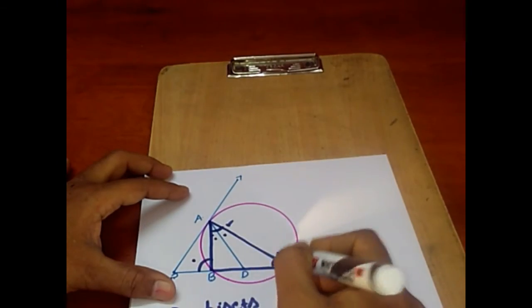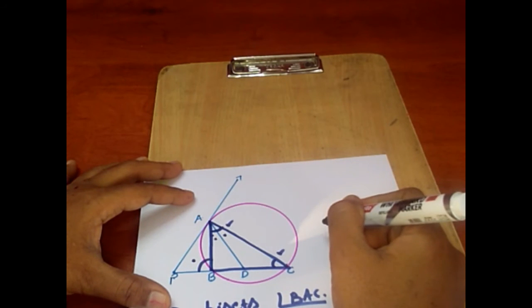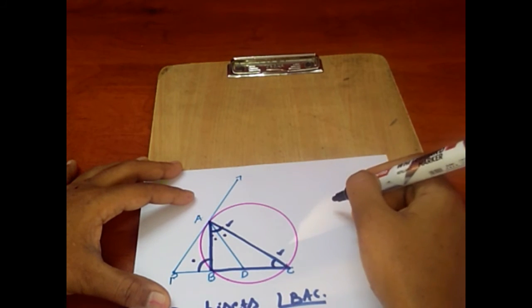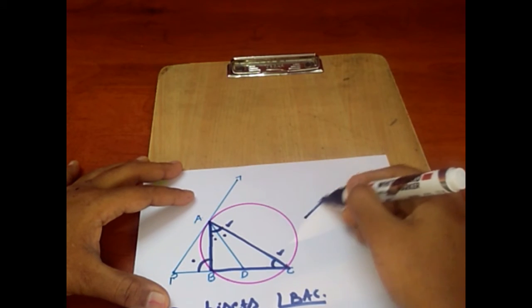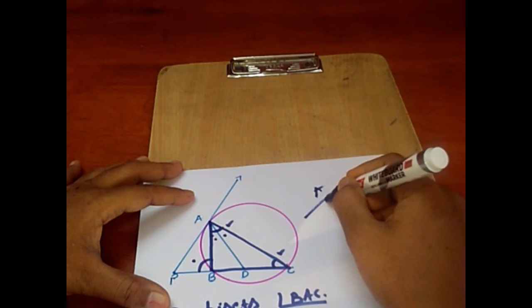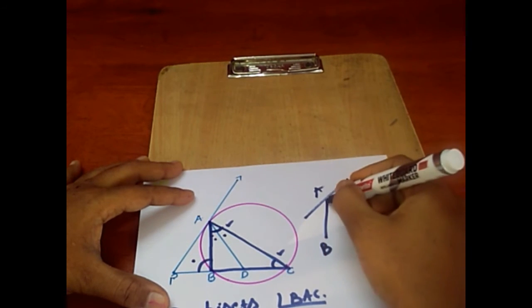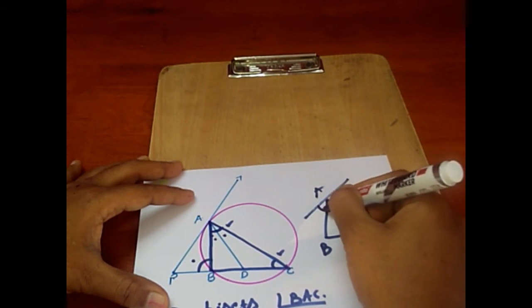Can you observe BCA? What it can be? I hope you got this. So here we can find a tangent at the point A. We have a tangent at the point A. So the angle formed between the tangent and the chord is equal to the angle in the alternate segment.